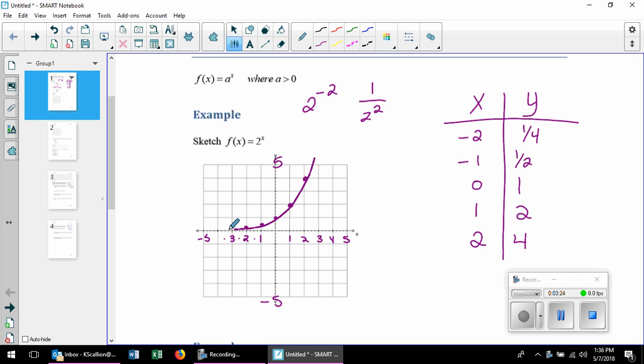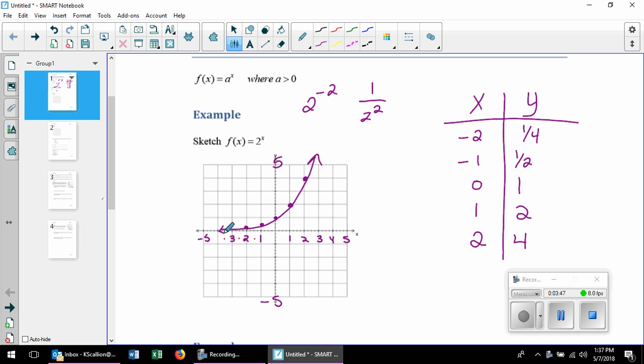Now, does the graph continue? Will it cross the x-axis here? The answer is no. How come? It's never going to turn negative. A negative exponent is never going to turn your actual power negative. It will make it really, really small.